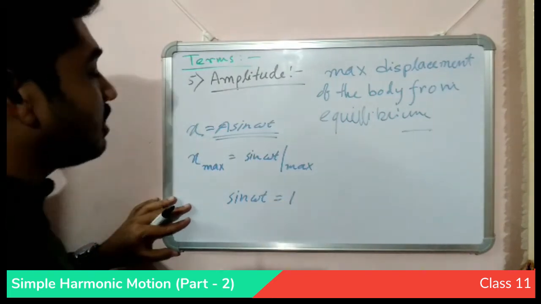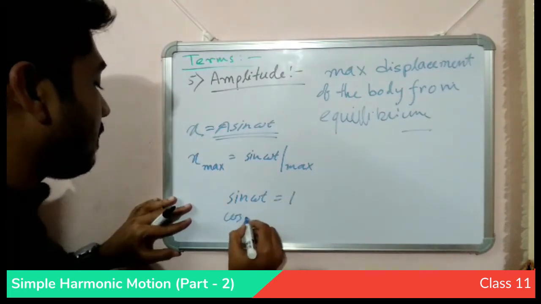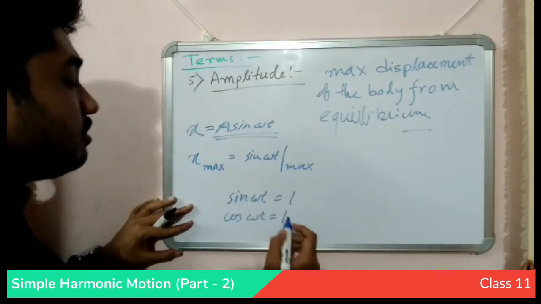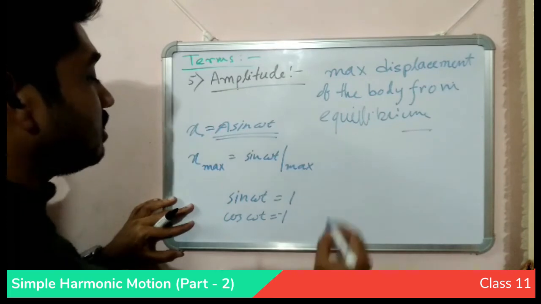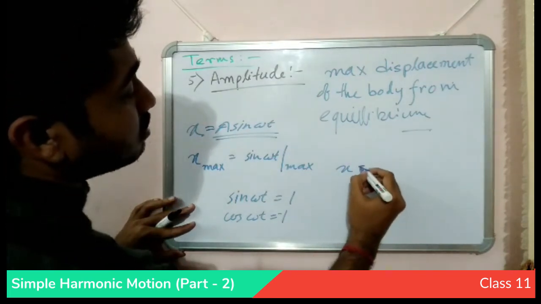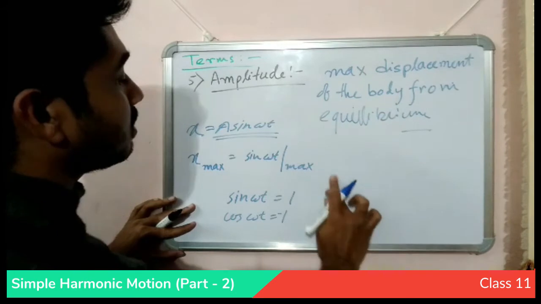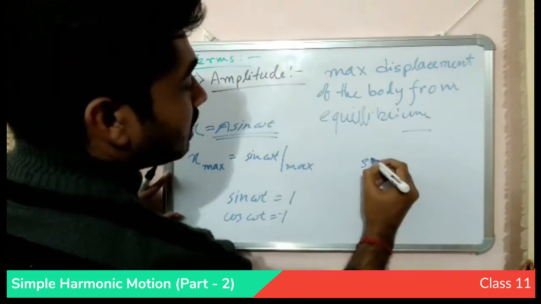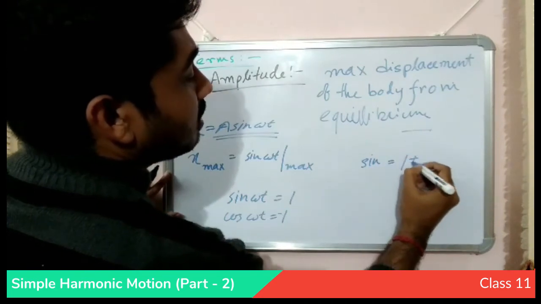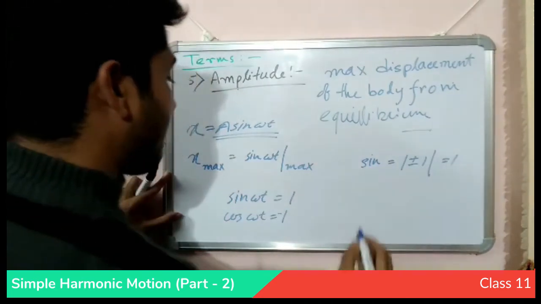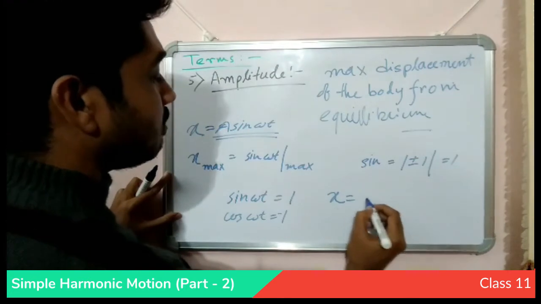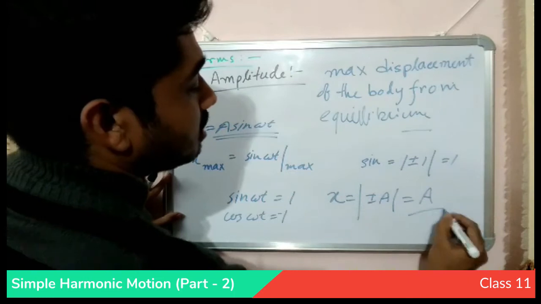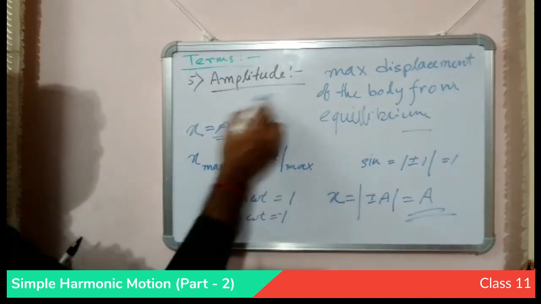That is 1, and for cos omega t that is also 1, and in the negative direction it is minus 1. So the sin value should be plus or minus 1, so x will be plus or minus modulus a, that is a. So a is the amplitude.